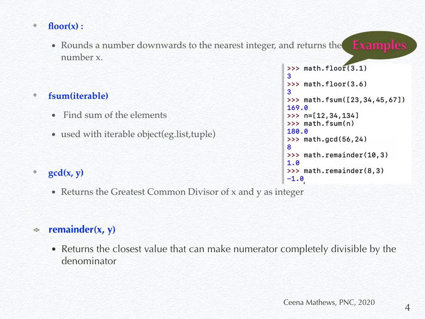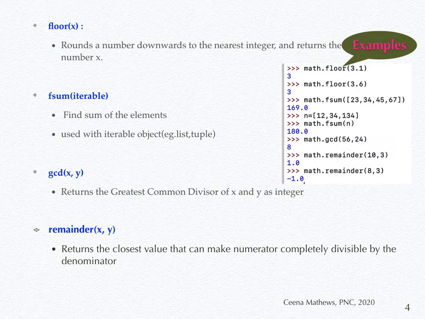This can also be done as in the second example: first define the list, n equal to 12, 34, 134, and then use the name of the list within the function, math.fsum of n. Either of these methods can be followed for finding the sum of the elements in a list or tuple.